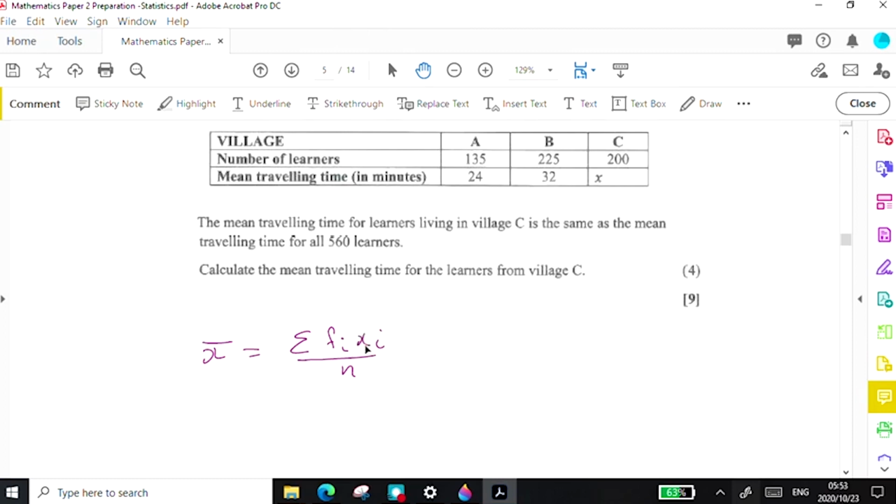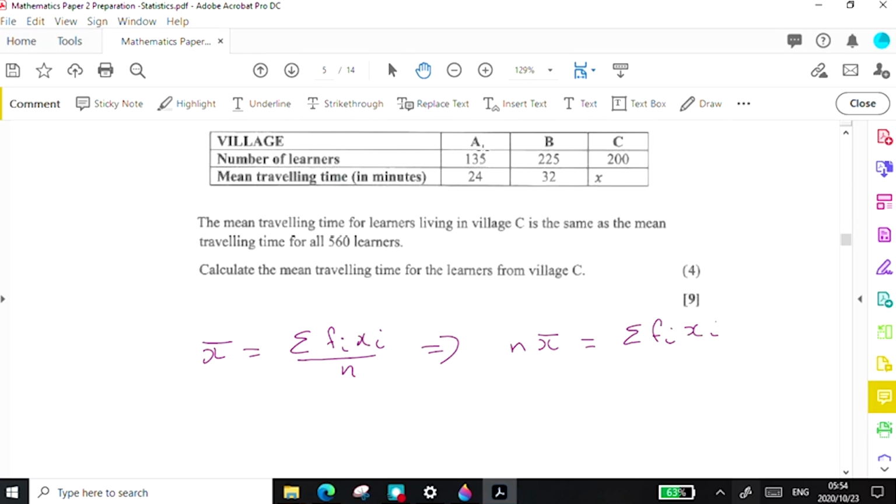Or the sum of all the Xi divided by n. This then implies that n times X bar is equal to the sum of all the Fi times the Xi. We're looking for the total sum of all the Fi times the Xi.